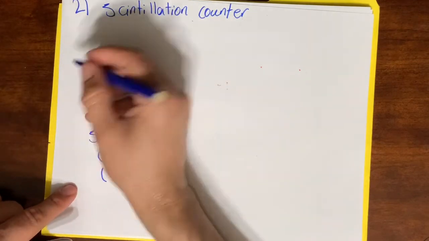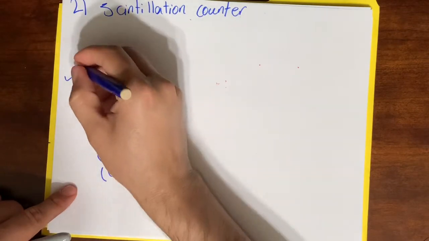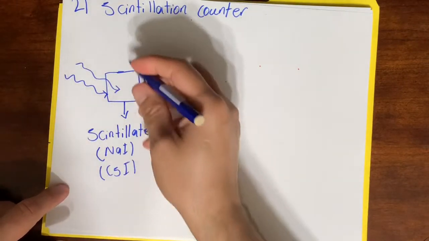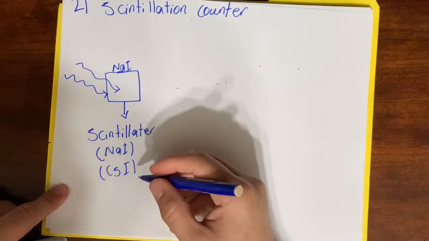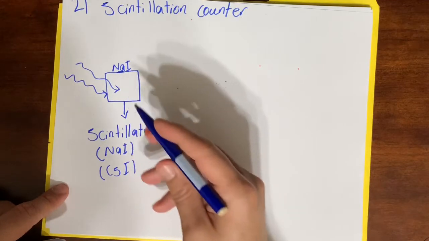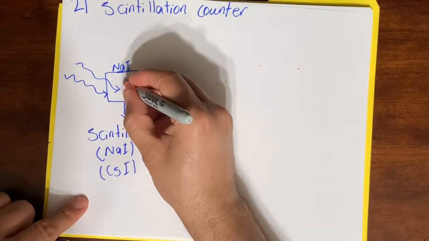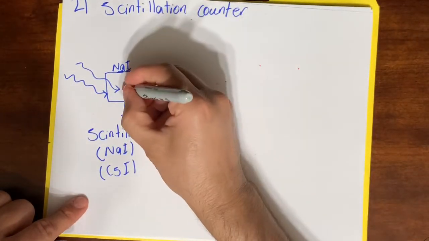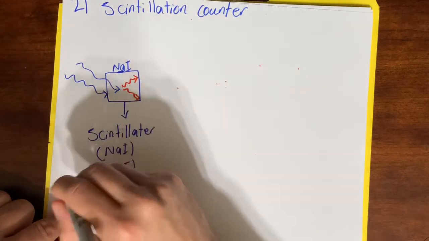So let's say we have huge energy coming to this, and the sodium iodide or cesium iodide will get that energy, and it will emit it as light with lower energy.